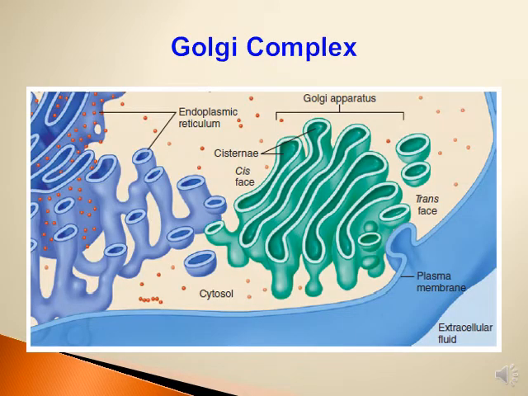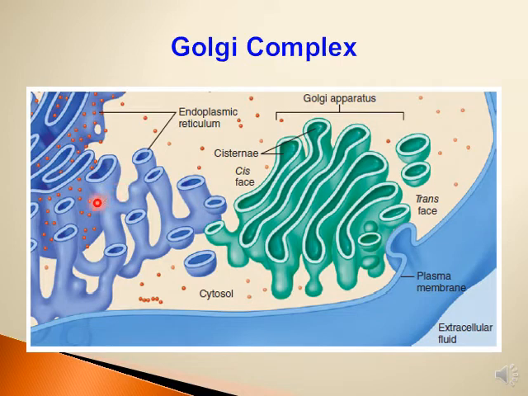Another organelle, which is very important, is called the Golgi apparatus or Golgi complex. It is composed of stacks of cisternae, a group of cisternae, between the endoplasmic reticulum and the cell membrane. And from its position, maybe you can guess the function of the Golgi apparatus.